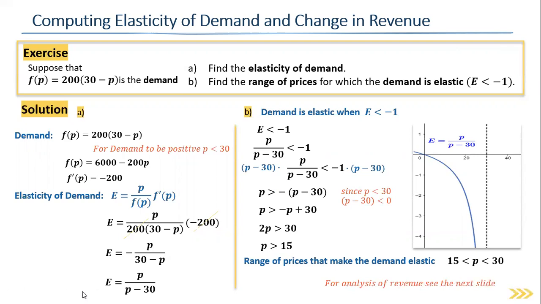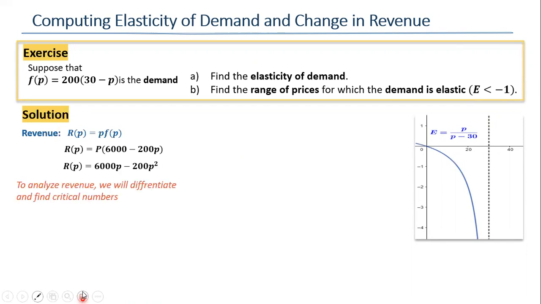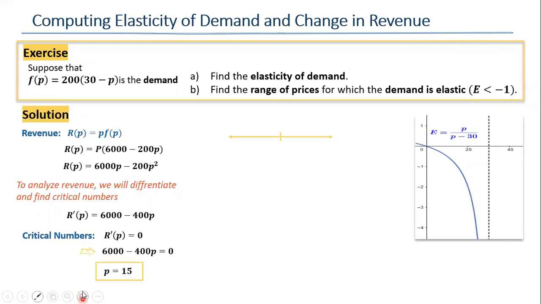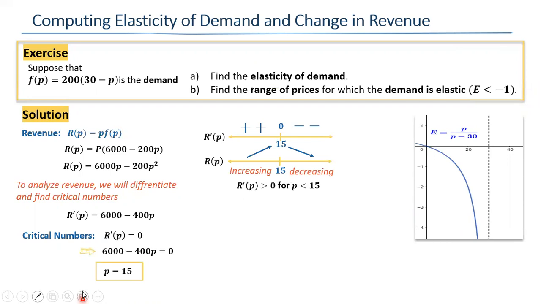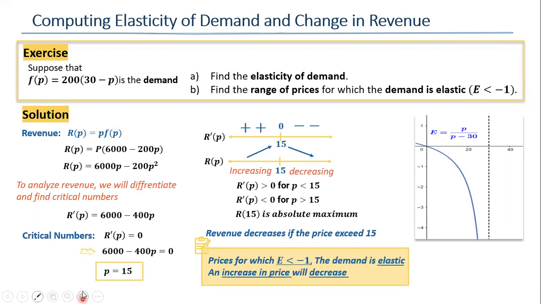On the other slide, we can complete: revenue, simplifying, derivative, critical points or critical numbers, sign chart, behavior of R of P. So absolute maximum, revenue decreasing when the price exceeds 15. This is the same as the previous example.